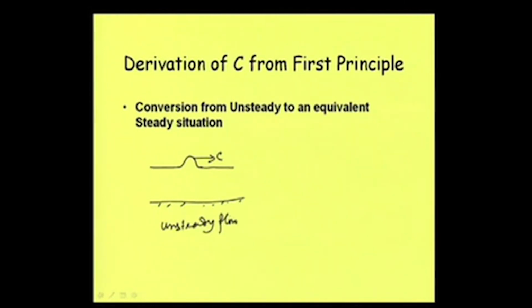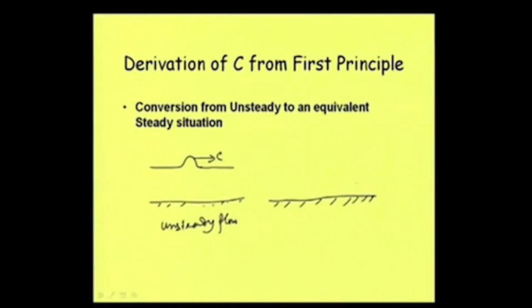Now, to convert this to a steady flow situation, as I explained in the last class, it is like a walker: when we walk, the belt moves in the opposite direction, and that is why although we are walking on a walker, we are not moving forward, and someone can observe how we behave while walking, as we are in a static position. So, that advantage we can have here. Like the belt moving in the opposite direction in a walker, we can put an opposite velocity c, the actual velocity of the wave.